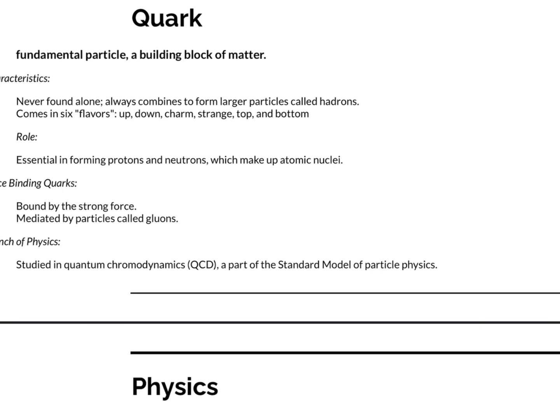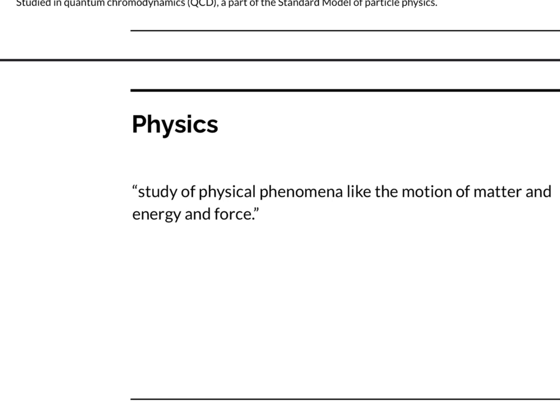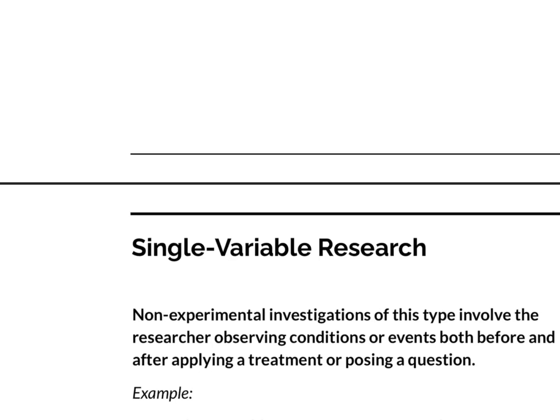Force binding quarks: bound by the strong force mediated by particles called gluons. Branch of physics studied in quantum chromodynamics, QCD, a part of the standard model of particle physics. What is physics? Physics is the study of physical phenomena like the motion of matter and energy and force.